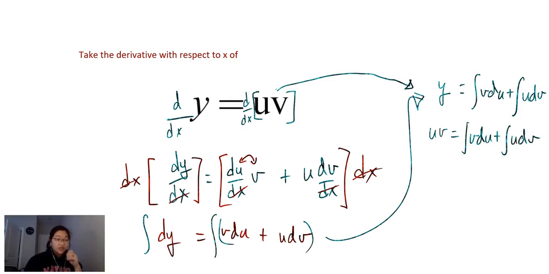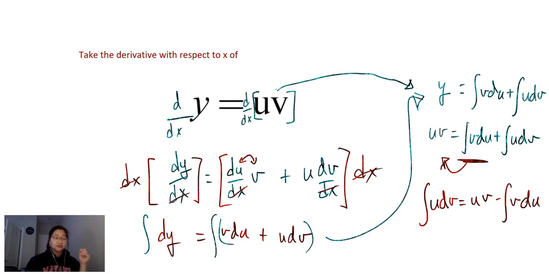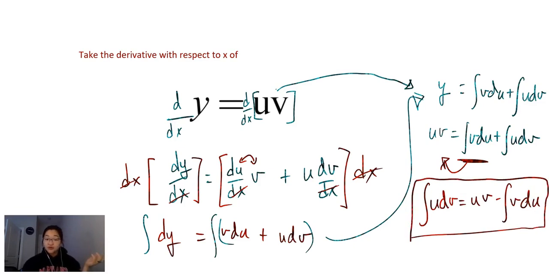Well, if we move this part over here, just with subtraction, then we'll be left with the integral of u dv equals uv minus the integral of v du.